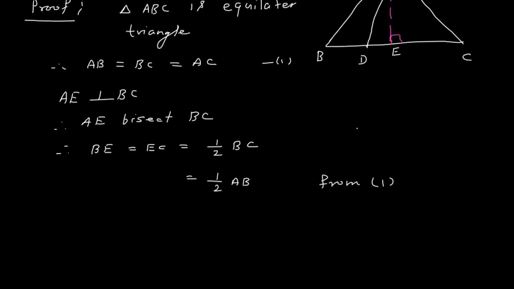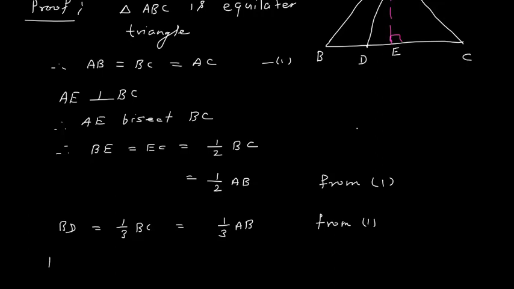Now BD is given as 1 upon 3 BC, that is equal to 1 upon 3 AB. I am converting everything in terms of AB wherever possible. This is also from 1. So the value of BD is 1 upon 3 AB, and the value of BE is 1 upon 2 AB.